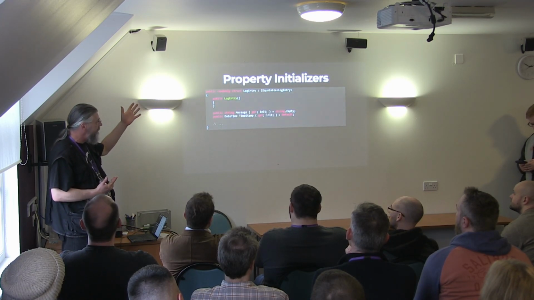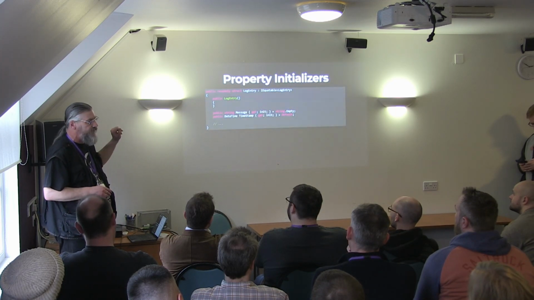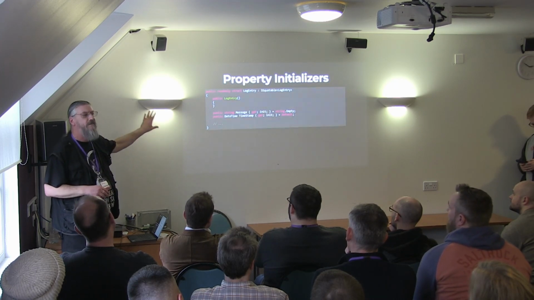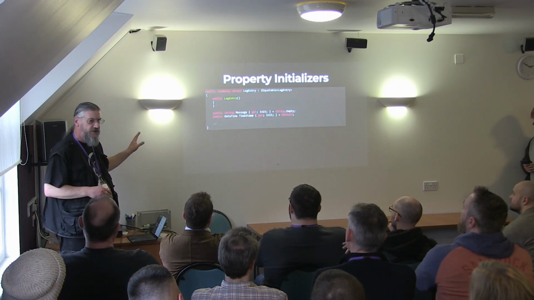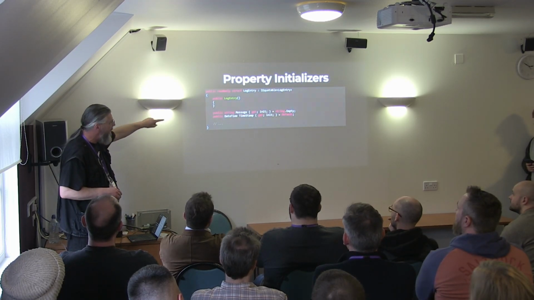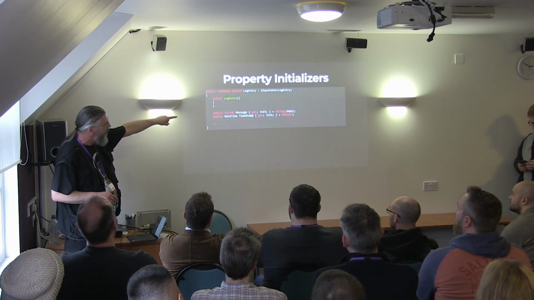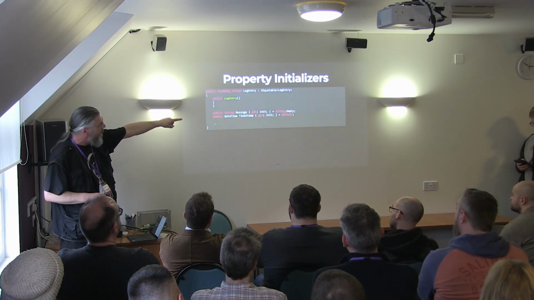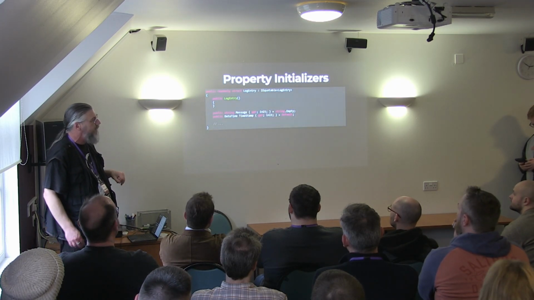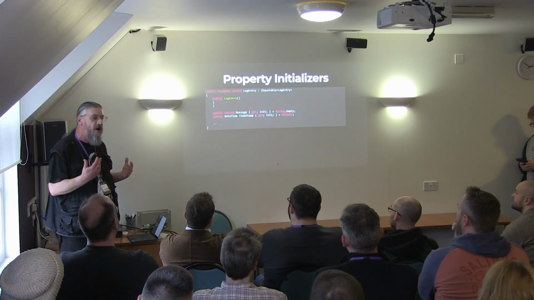So property initializers and field initializers as well have been allowed for class types for many versions, but not for struct types. Because these types of initializers, where we've got, for example, the message property here, we're saying that it's initially assigned to string.empty, and that initialization at the end is conceptually part of construction.